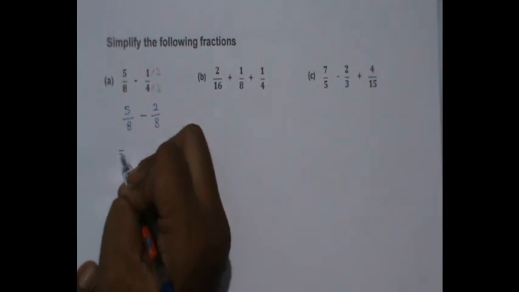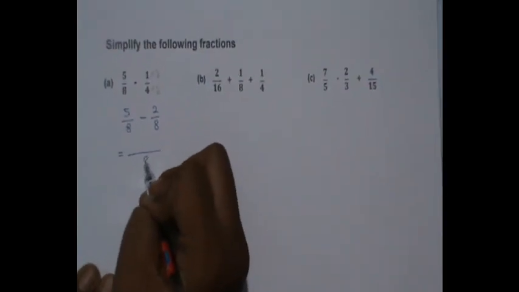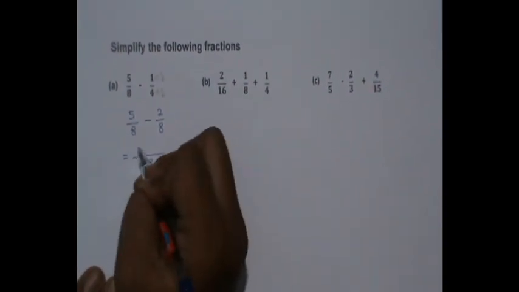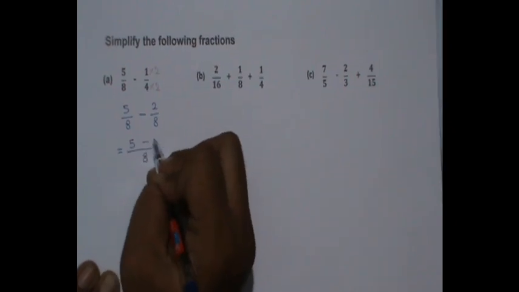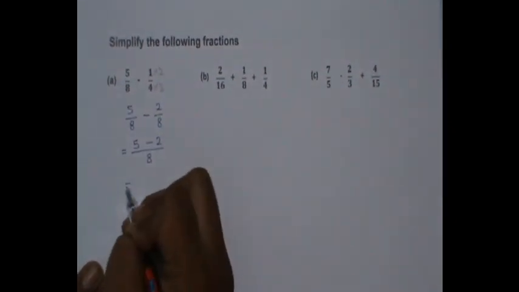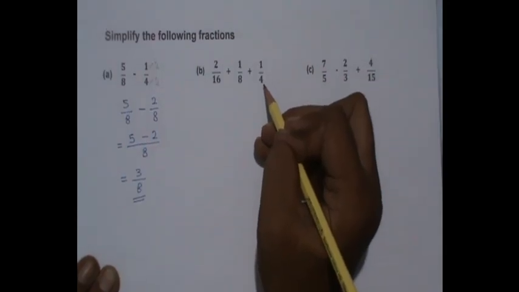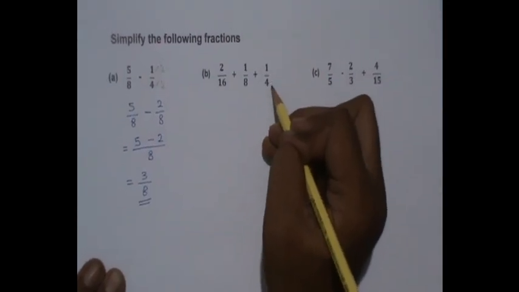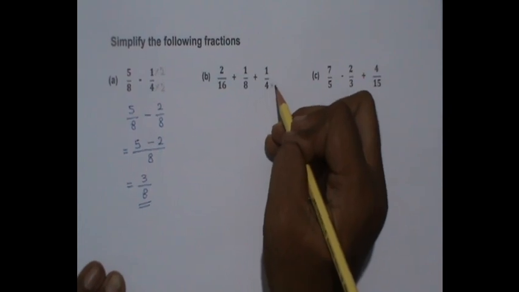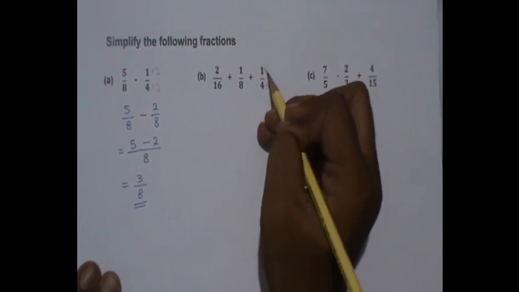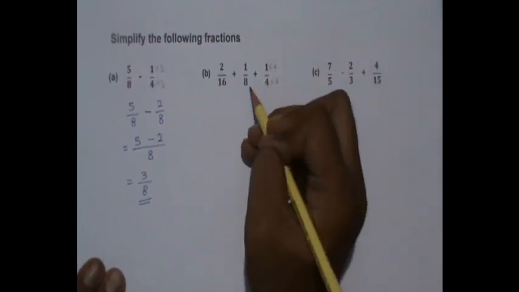So now you have the same denominator as before. You can subtract very easily. You will get 3/8.